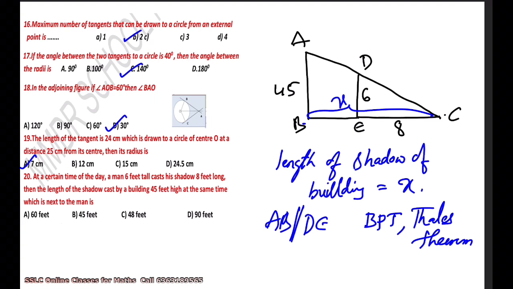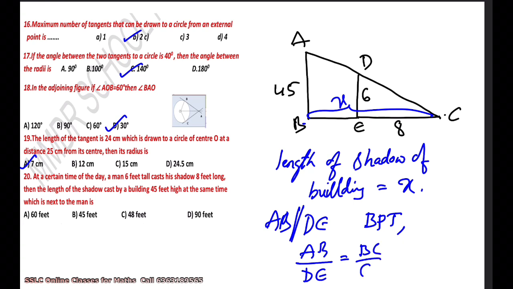So if I consider the ratios, AB by DE is equal to BC by EC, right?